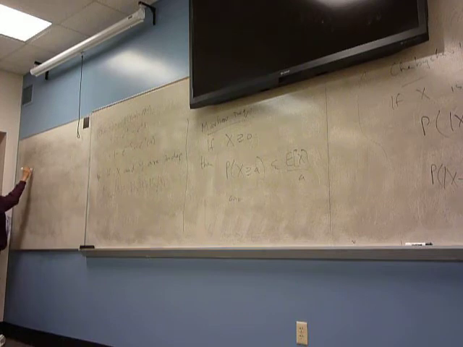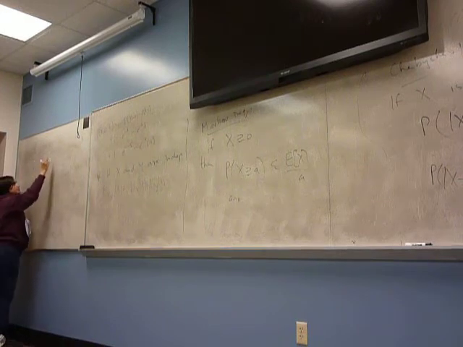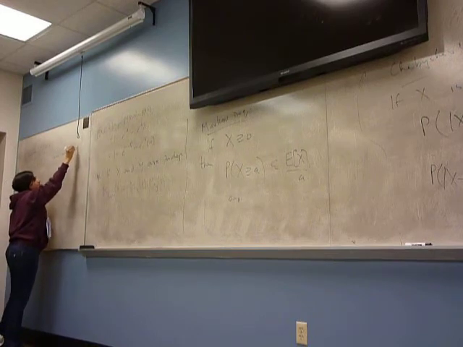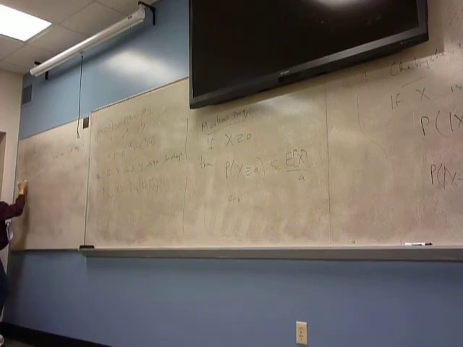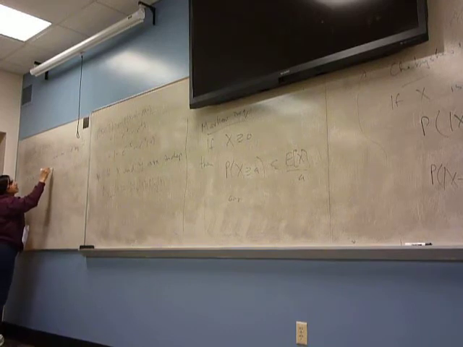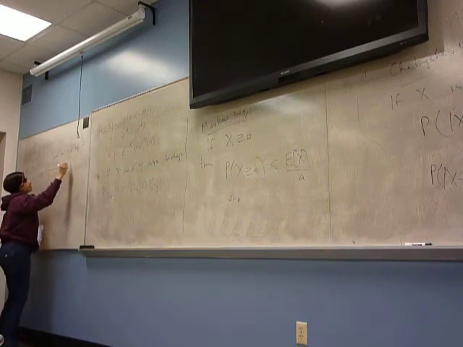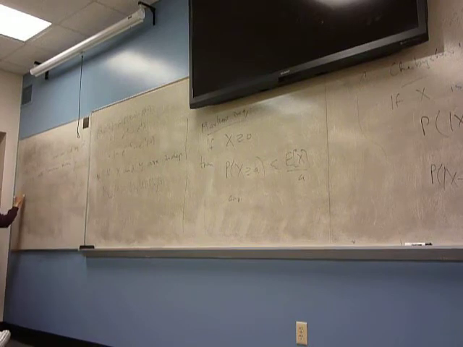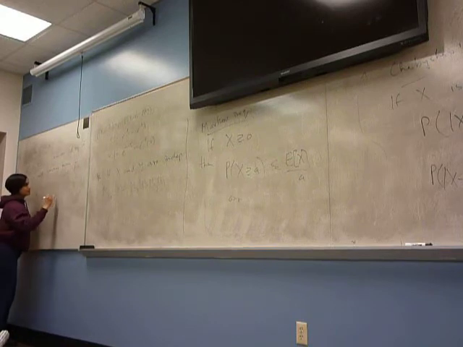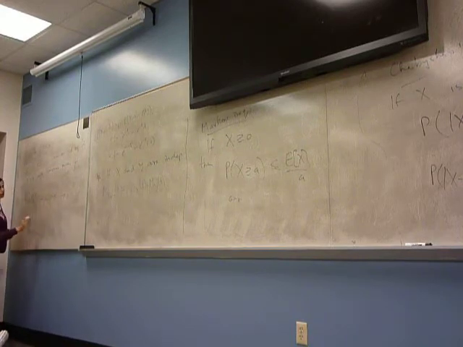So if x1, x2, ... is an IID sequence of random variables, so when I say IID, I mean independent and identically distributed random variables with common mean mu, and the distance of this average of these random variables from the mean goes to 0.